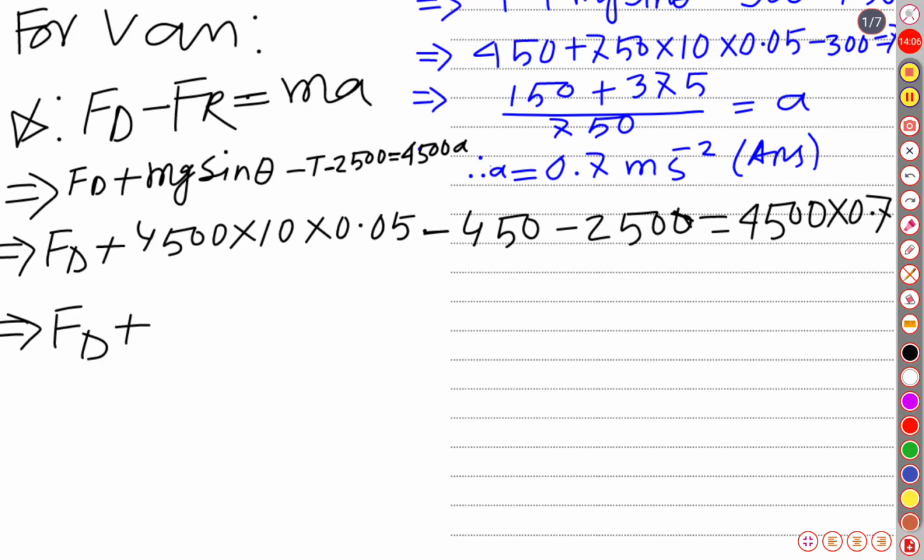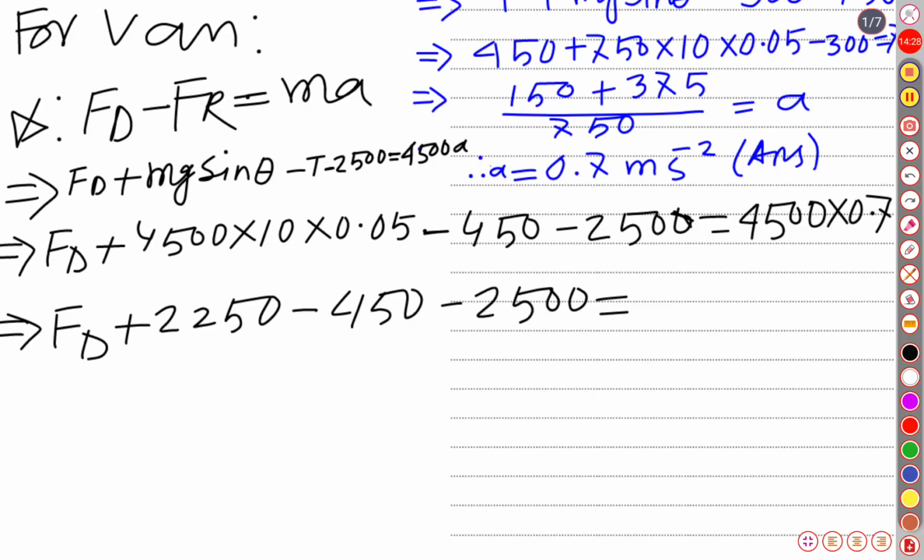So 0.5 means half of 4500, that is 2250, minus 450 minus 2500, equal to, if we multiply this, 3150 on the right side.